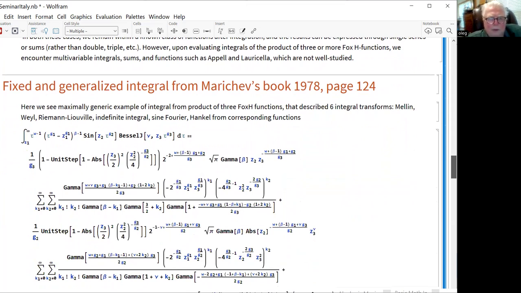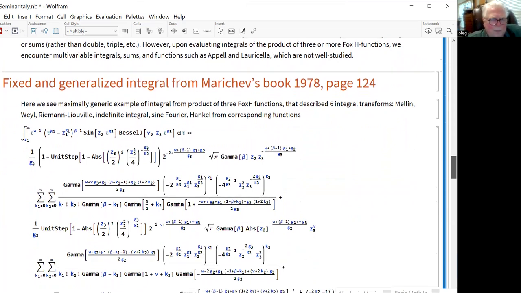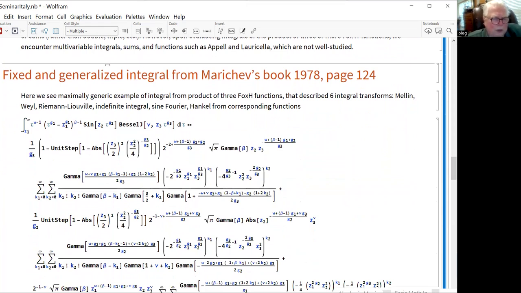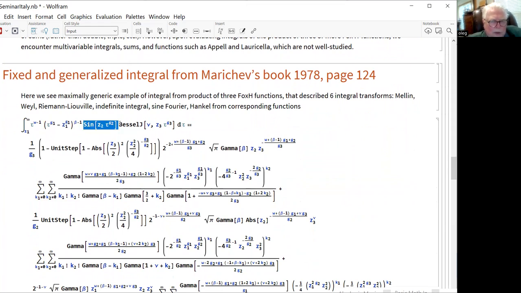Here I present a result of relation of three integrals from three functions. This is one Fox function, another, and one more.